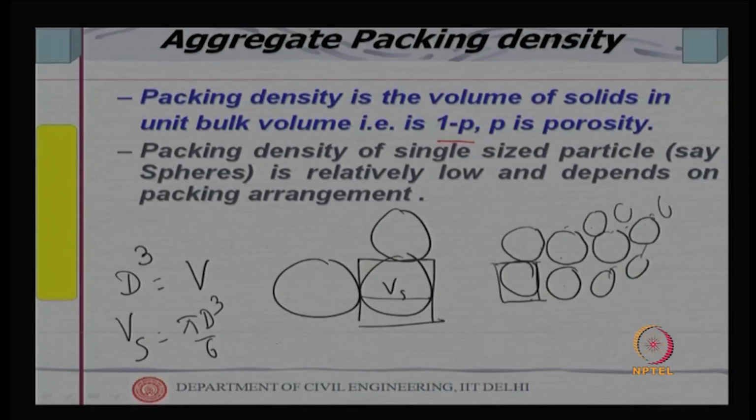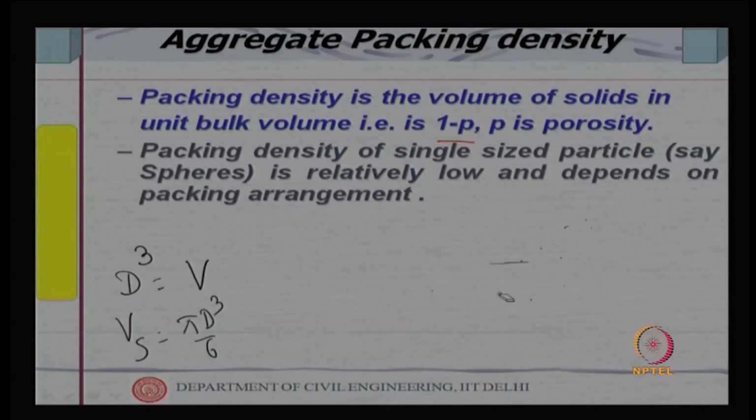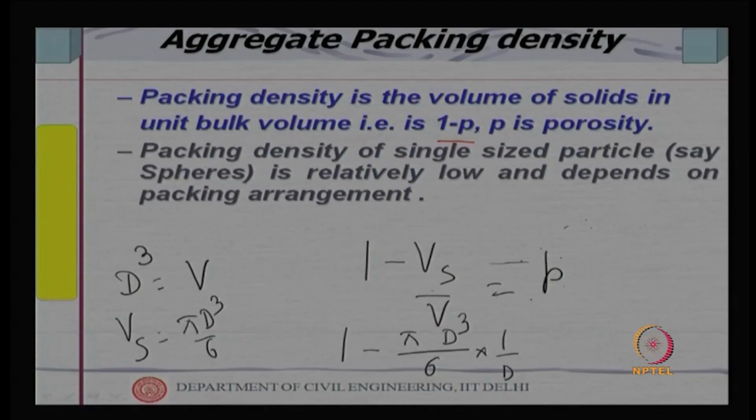So, porosity would be, if the diameter is d, so porosity will be given by 1 minus Vs by V, that is equal to P, and this will be given as 1 minus pi d cube by 6 by d cube.